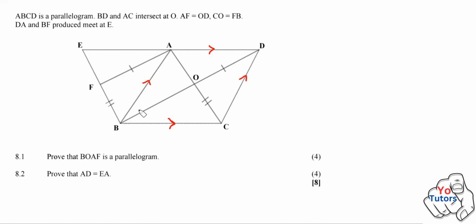DA and BF are produced to meet at E. Okay, no problem about that. Now, prove that BOAF is a parallelogram. That's what we need to do.